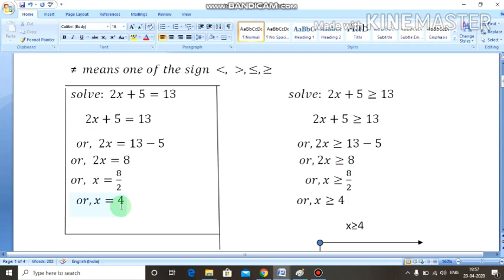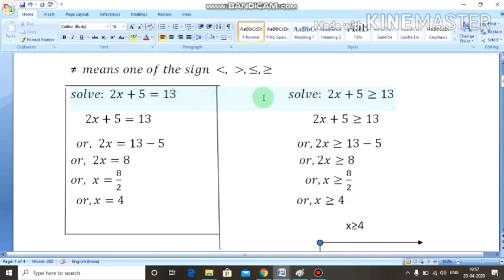For multiplication it will be division, and for division it will be multiplication. So this was the concept of linear equation. Now how to solve linear inequation? I have converted this 2x plus 5 equals 13, which was an equation.